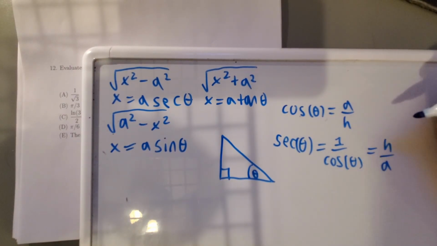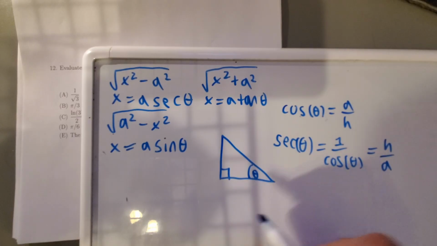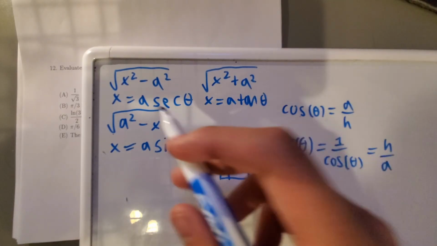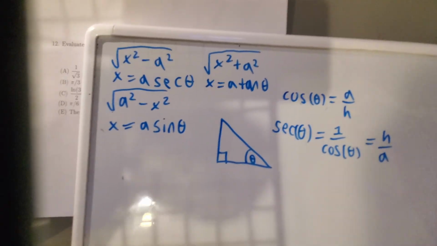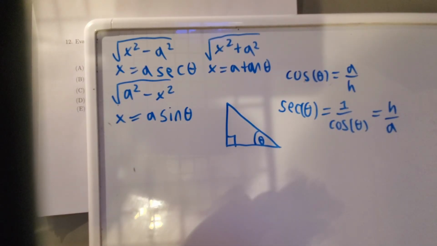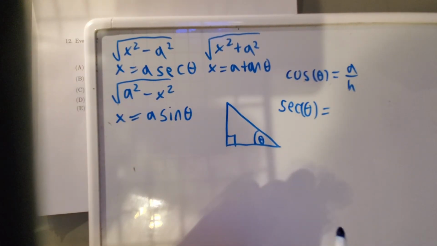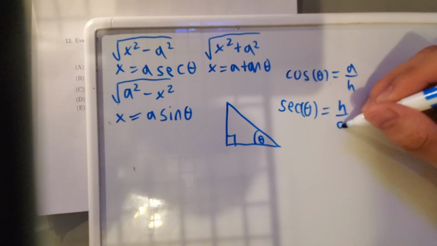With that in mind, we can use this alongside the Pythagorean theorem to connect the dots on where the substitution comes from. So for this one, I'll start from here, and just say hypotenuse over adjacent.